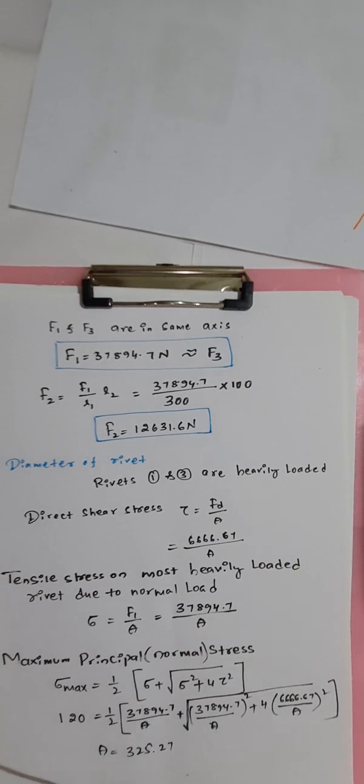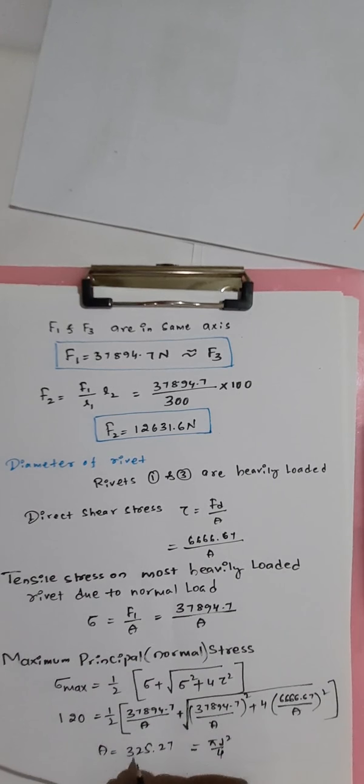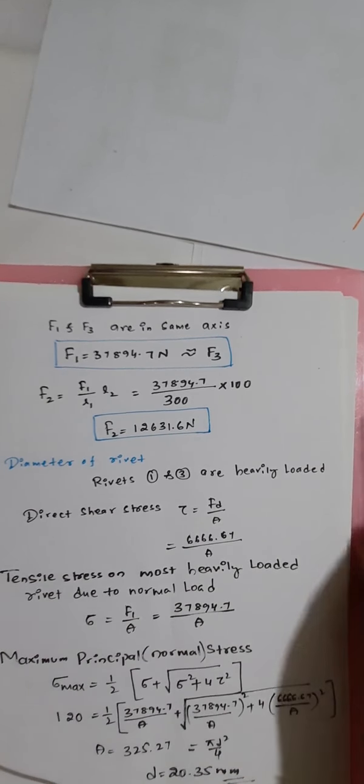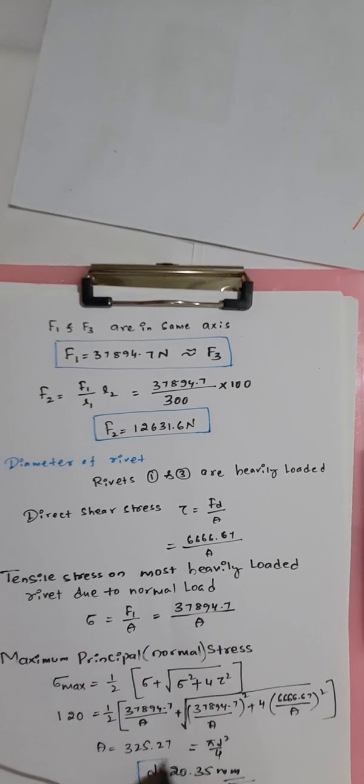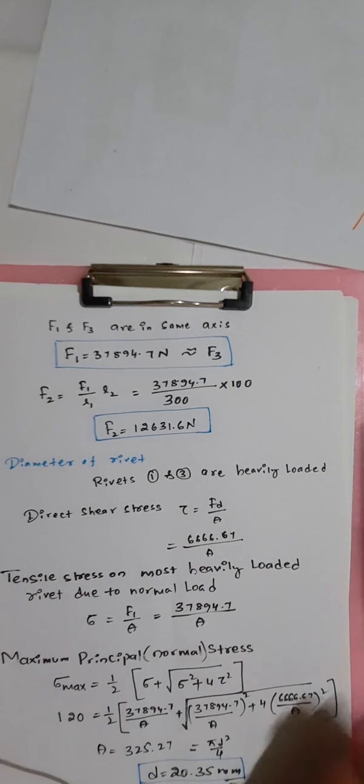Same way, we know the area is equal to pi d square by 4. If you substitute this value into this equation, we get diameter d is equal to 20.35 mm.